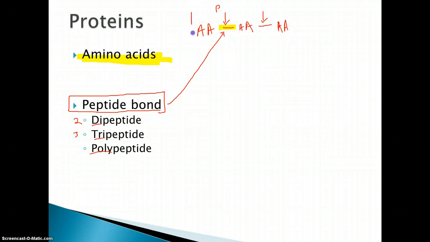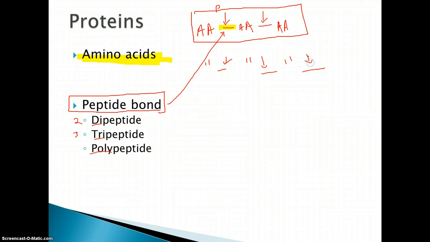This right here is known as a dipeptide. Now let's say we have again this, another amino acid, this, and then another one. So 1, 2, 3. That's tripeptide.